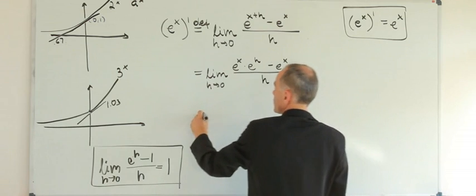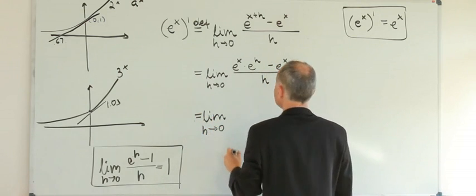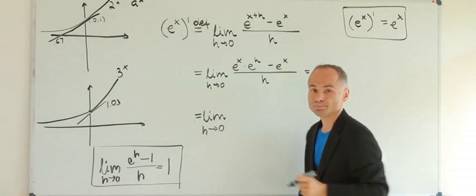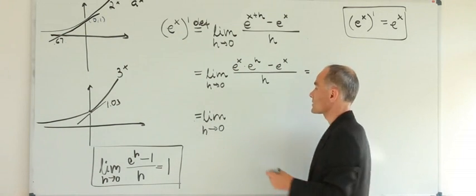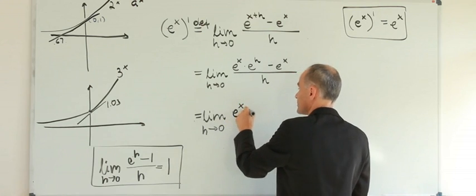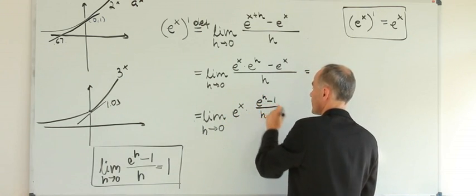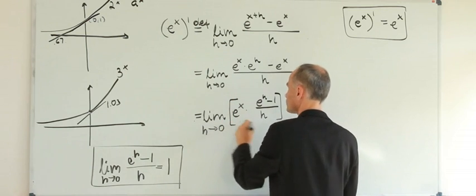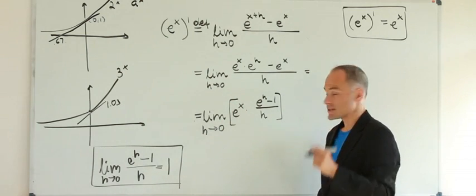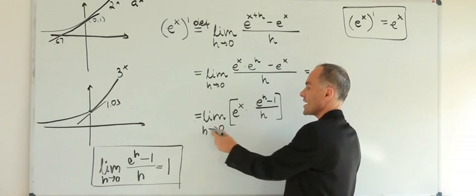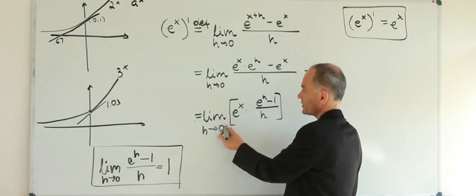Okay, so this is the limit as h goes to 0 of, and what can I do here? I see e to the x, so I can factor e to the x. So I have e to the x times e to the h minus 1 divided by h. Okay, but notice that e to the x does not change as h varies. So for the purpose of that limit, it is considered as a constant.